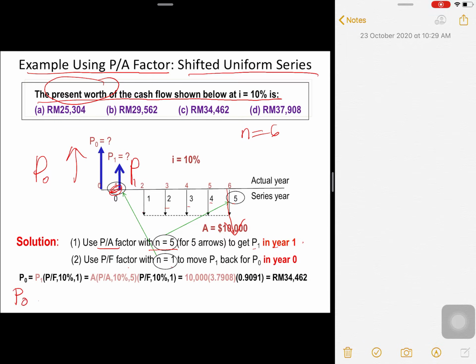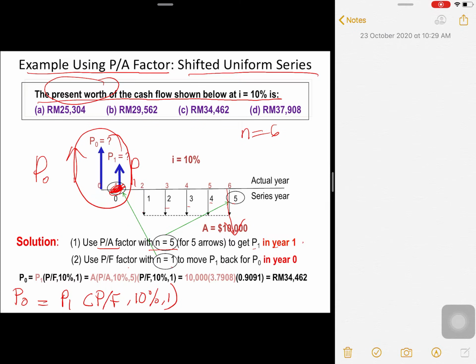So it comes down to P0 equals P1 times P/F at 10%, period equals 1.